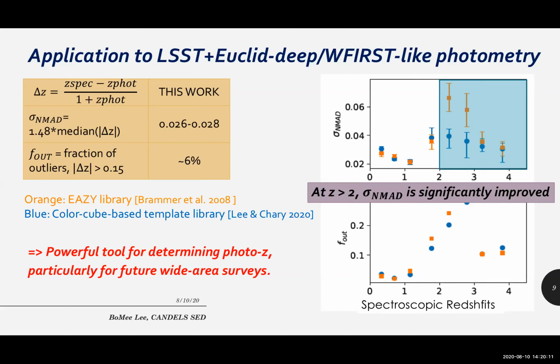So maybe that's another reason we have a big bump or large scatter at higher redshift. So if we have really good U band photometry, it will increase the precision and the scatter will be decreased. Yes. I see.